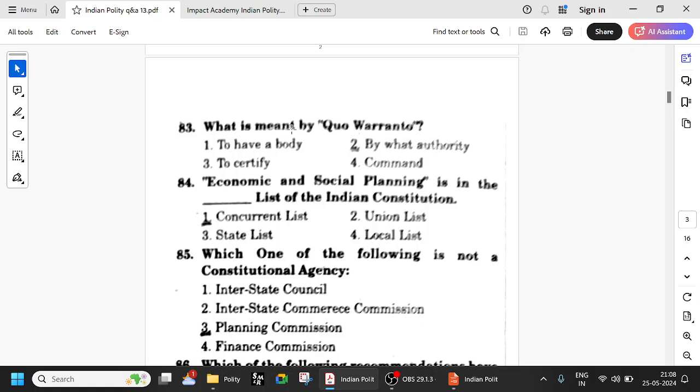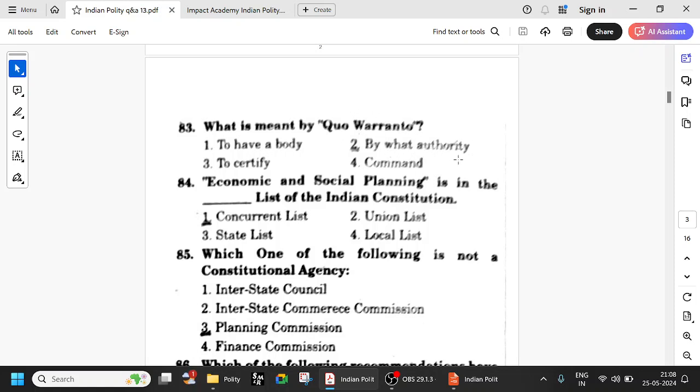So, what is meant by quo warranto? So basically, to have the body is habeas corpus. Okay, so habeas corpus, this writ jurisdiction, comes under fundamental rights. Fine. So habeas corpus is to have the body of. And quo warranto is by what authority?